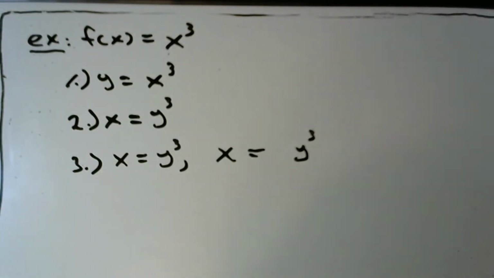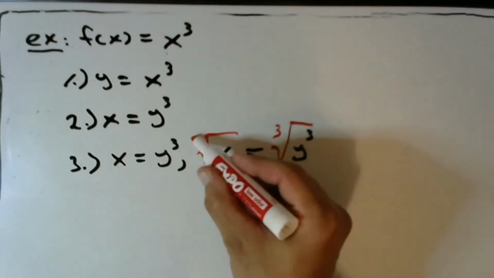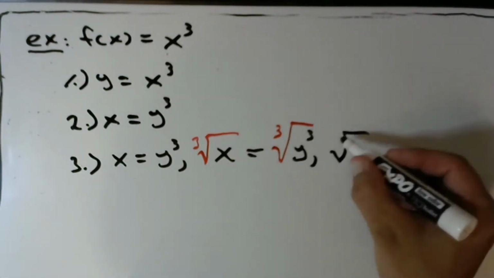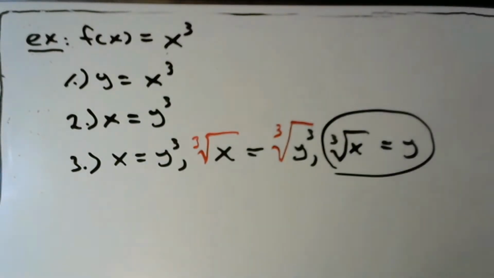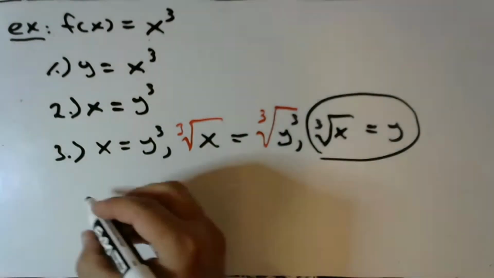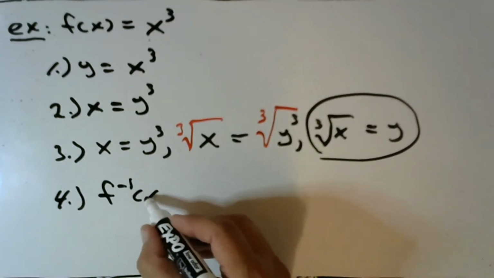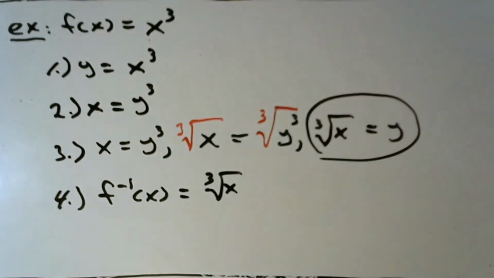So we have a y cubed, so we need to take the cube root of y cubed and the cube root of x. And so we get cube root of x equals y. And then finally, we say f inverse of x equals the cube root of x. And there we go. That's our answer.